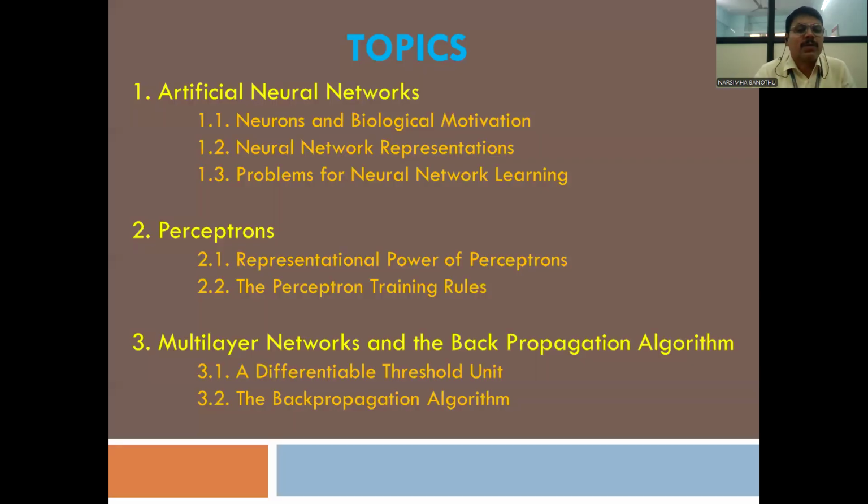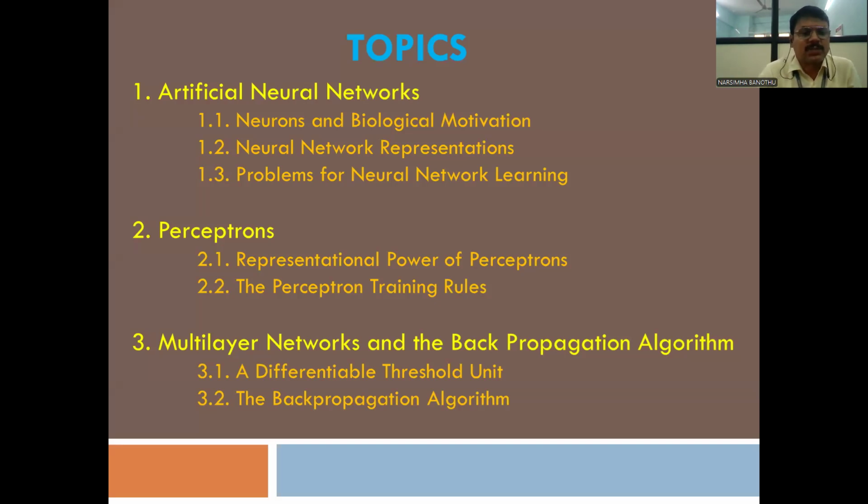To see in artificial neural networks, mainly there are three types. First one is neurons and biological motivation, second is neural network representation, and the third one is problems for neural network learning.